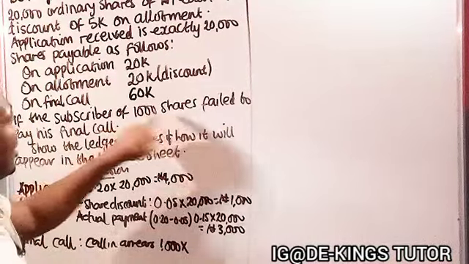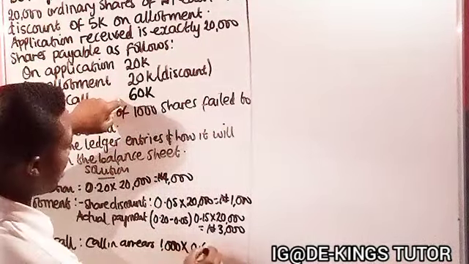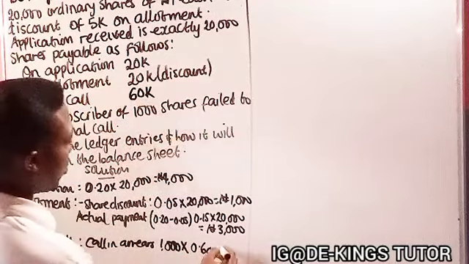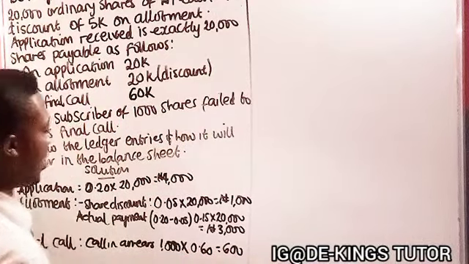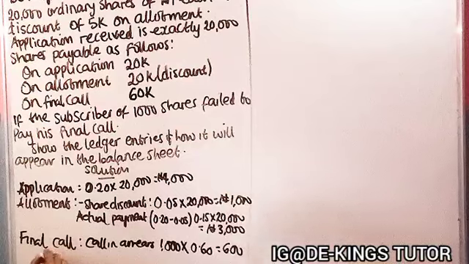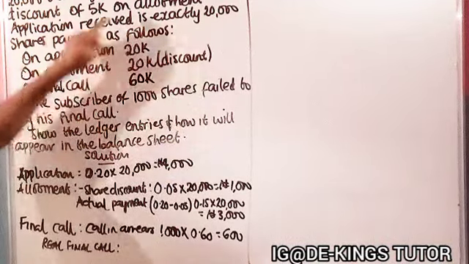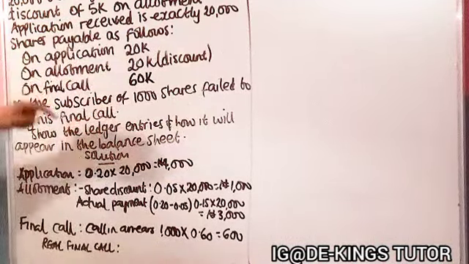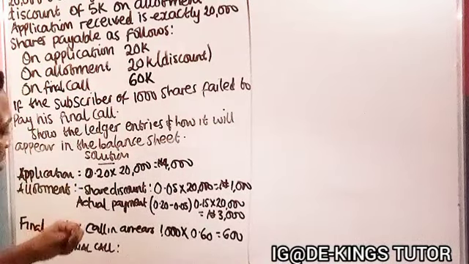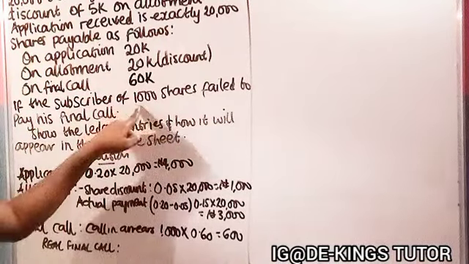$1,000, because it's 1,000 shares times the amount, 60 kobo. So this will give us 600 naira. Okay, now the final call, the amount paid now will not be on 19,000 shares, because they say 1,000 fails to pay.